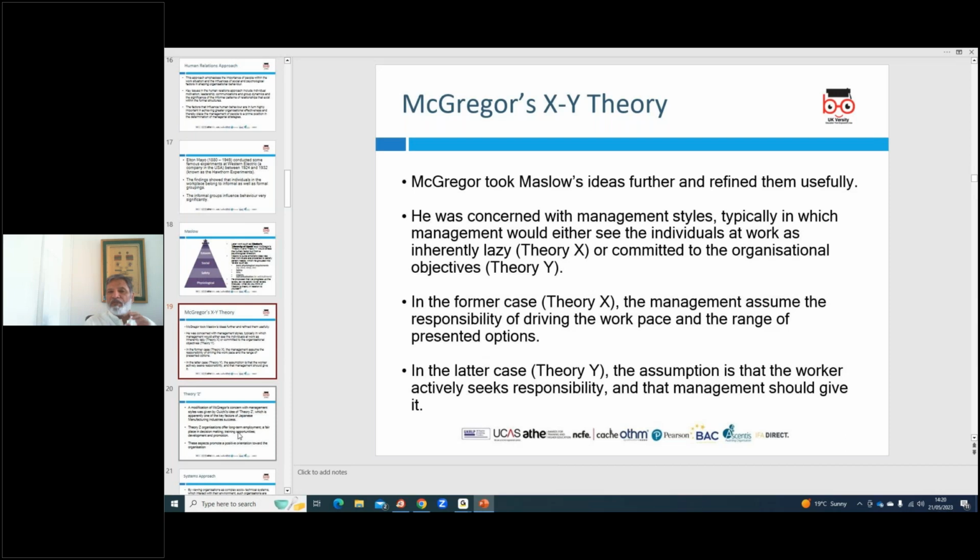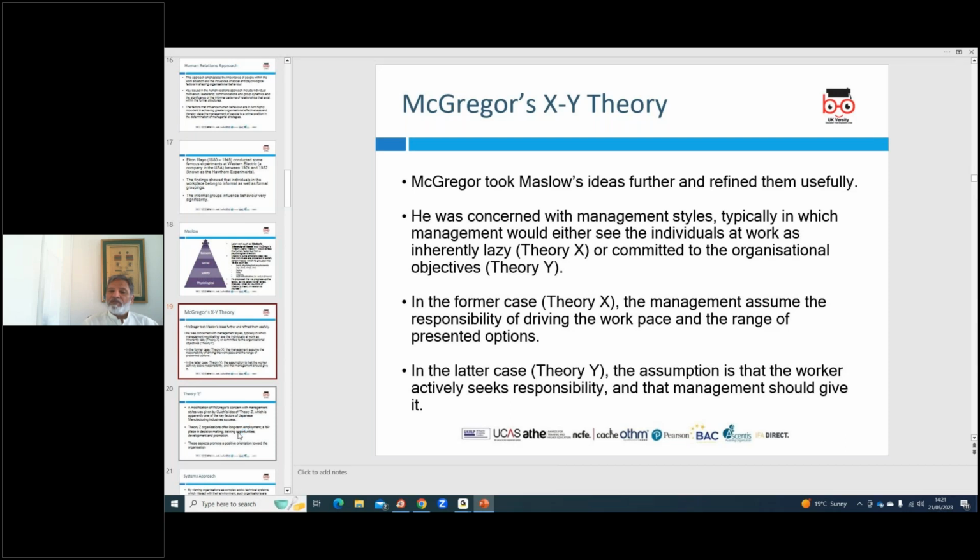He termed these theories because he wanted to see whether people as individuals, when they come to work, are lazy. And if they are lazy, do they need any motivation? Are they committed? If they're not committed, how do we motivate them?